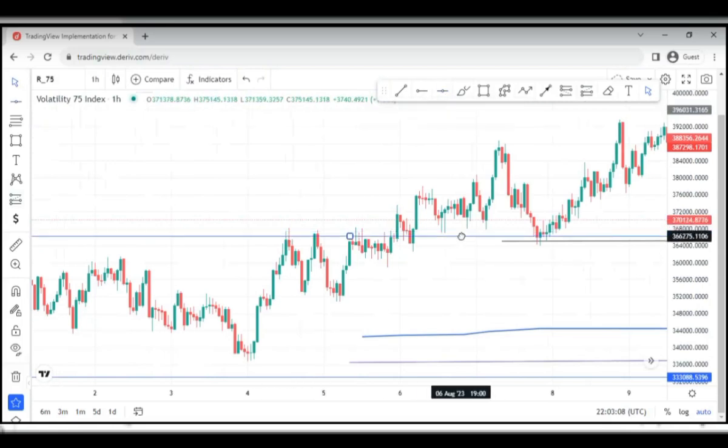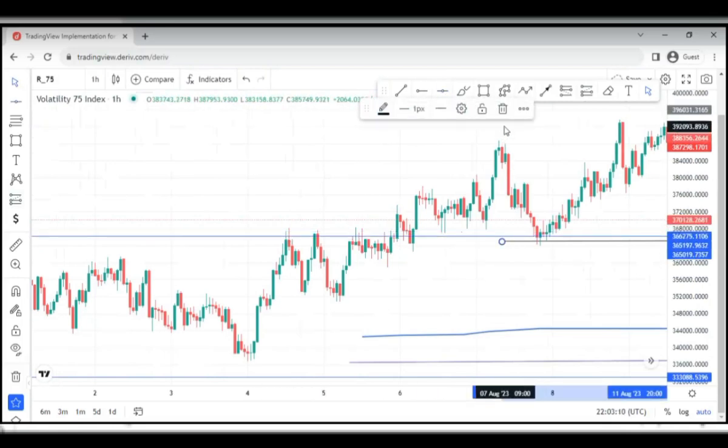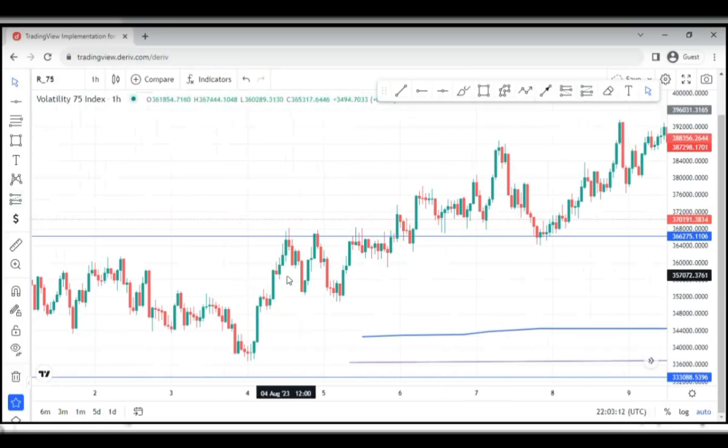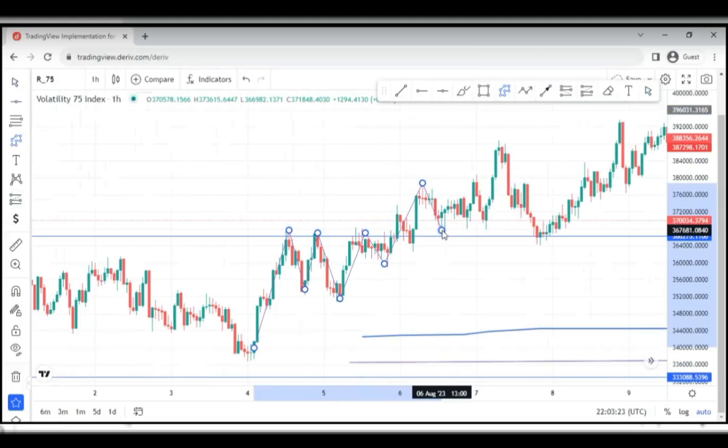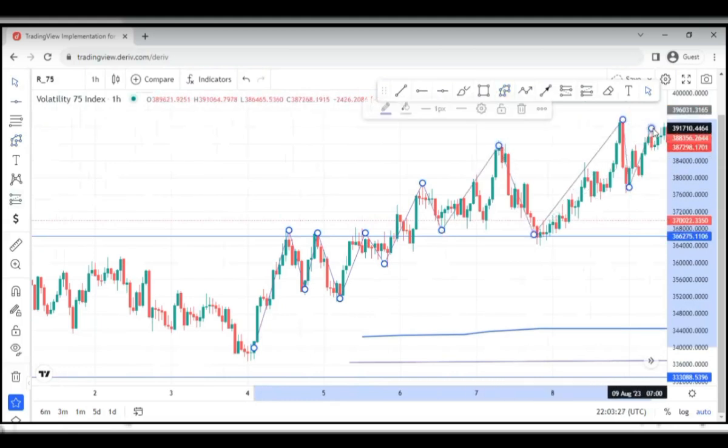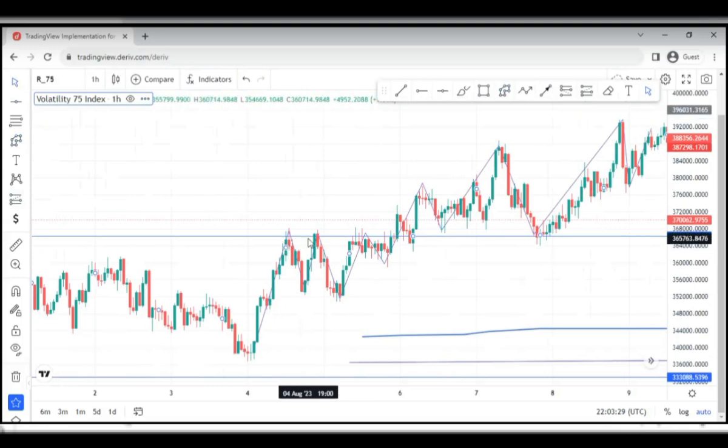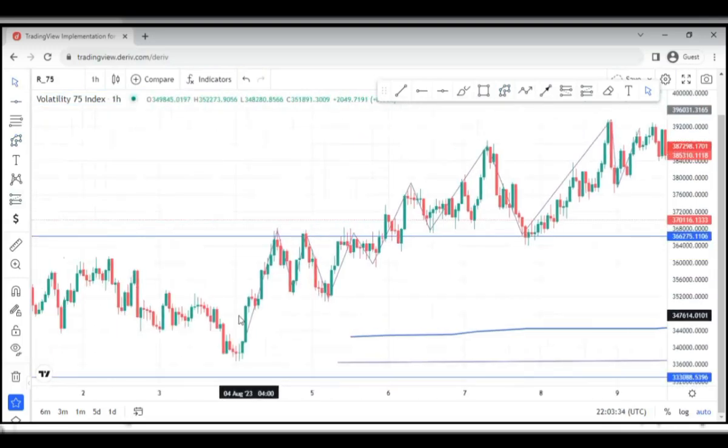Now, this is a typical example of resistance turning support. You can see price got resisted here, resisted, then broke out. When it broke out, it turned support, and kept on going up. So a resistance before has turned support now. That's what we mean by resistance turning support.